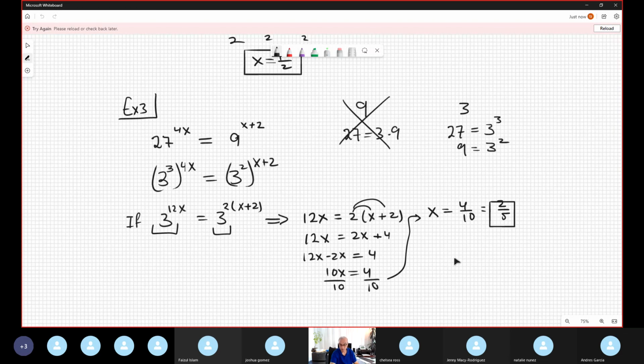When it's impossible, suppose this example: 2 to the x equals 3. What is the common base between 2 and 3? No common base. So no solution? Yes. But to discover the solution, we need to study a new thing. Now, Wednesday, I promise.